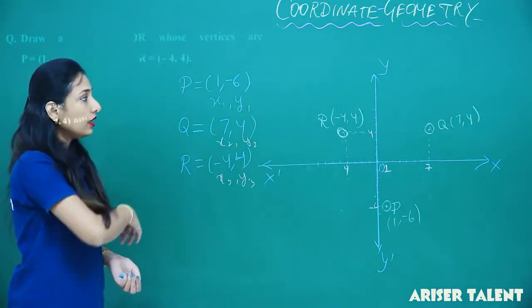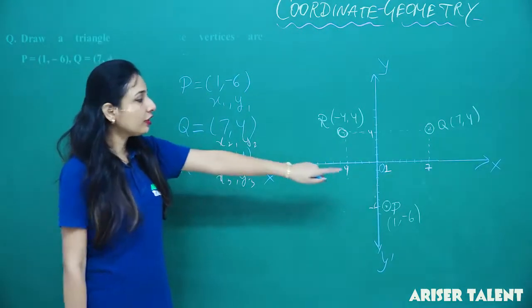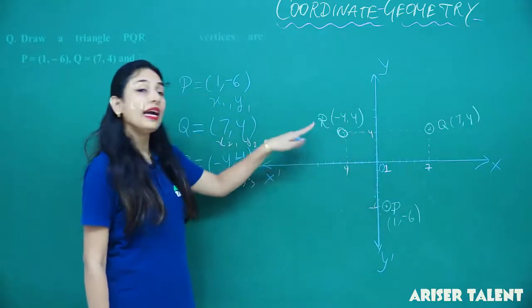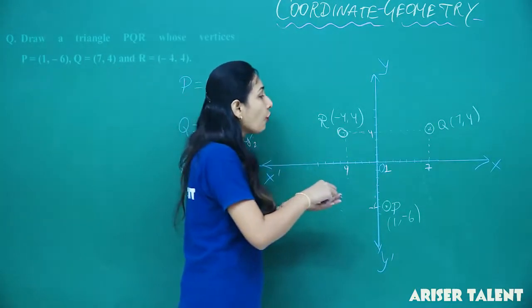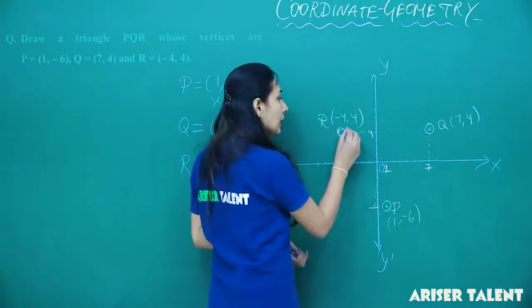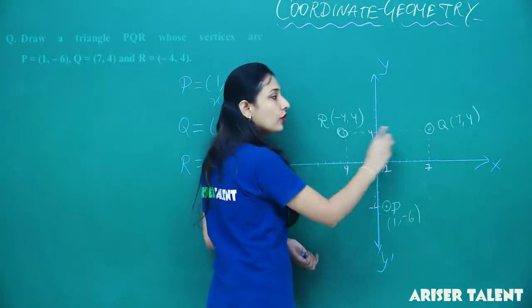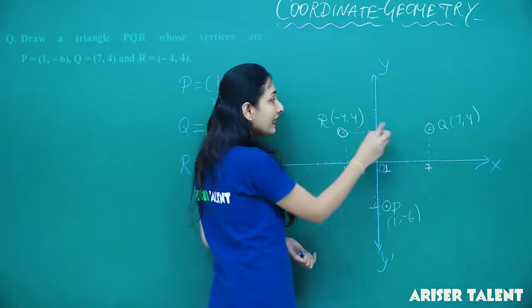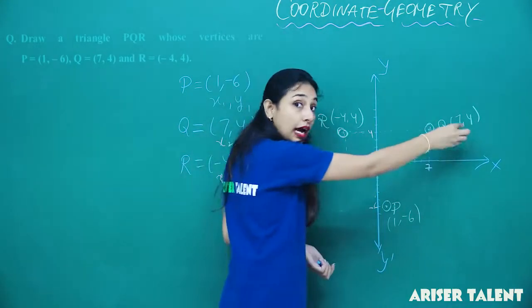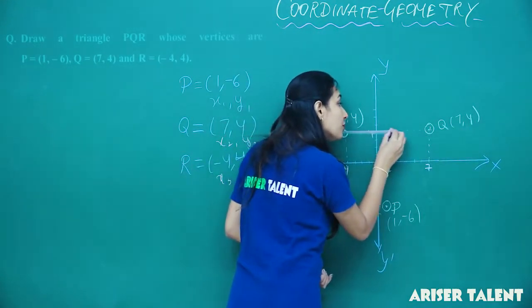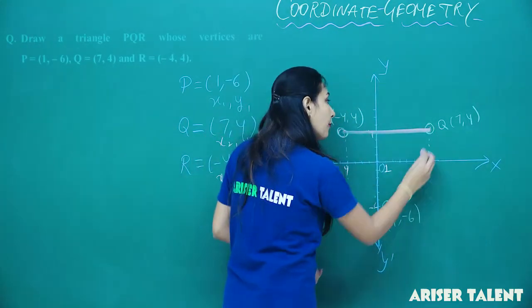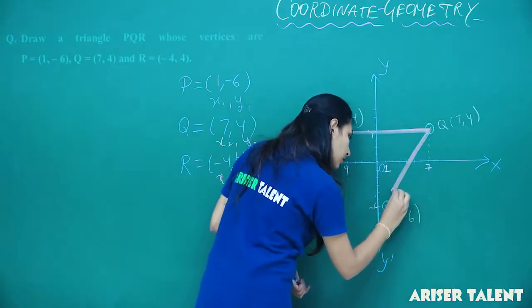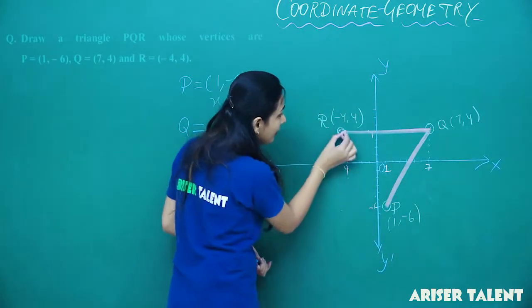So we have got the points Q, P and R. These 3 are the points and now this will form a triangle. So this is 4 and this is 4, so y is 4, y is 4. I can have a straight line over there, and this is the point P. Now meet it.